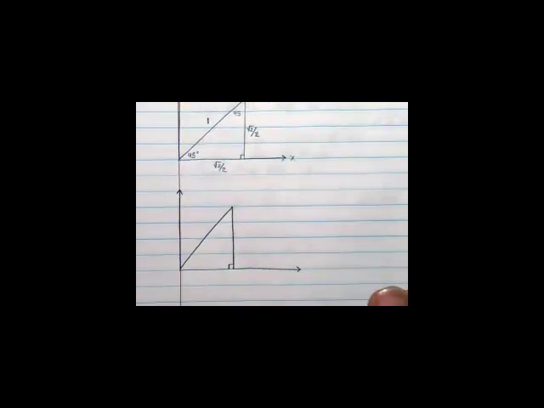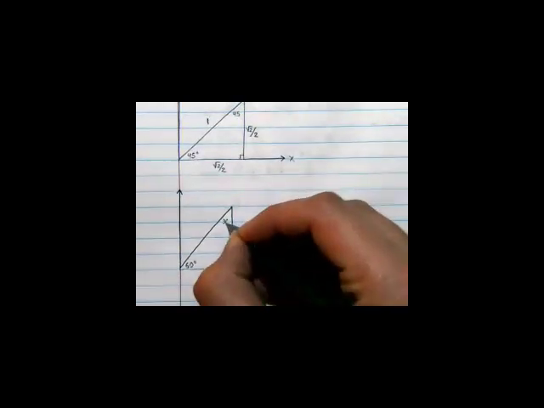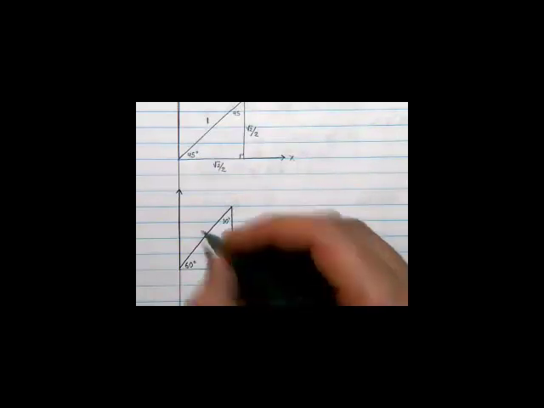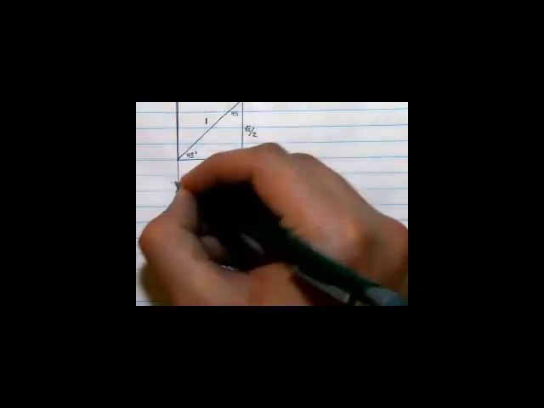Okay, so for this one, this would be the 60. This would be the 30. And again, we're going to make the hypotenuse 1. This would be our x and our y.